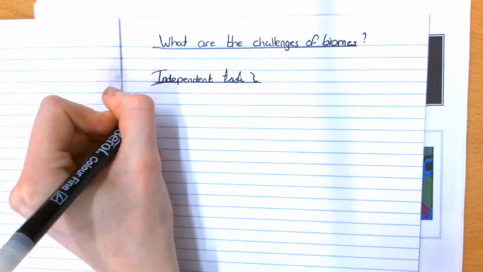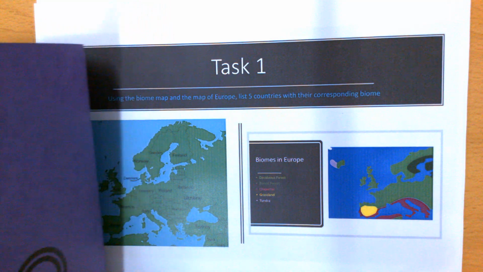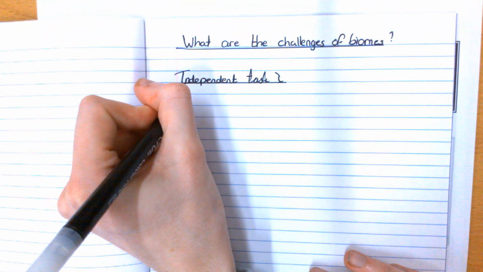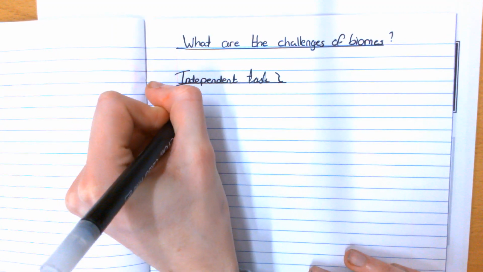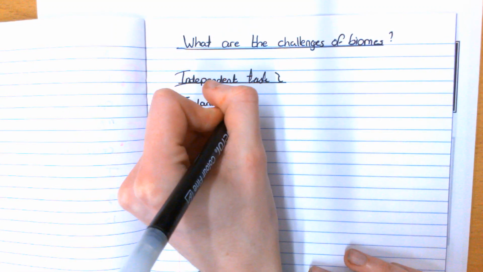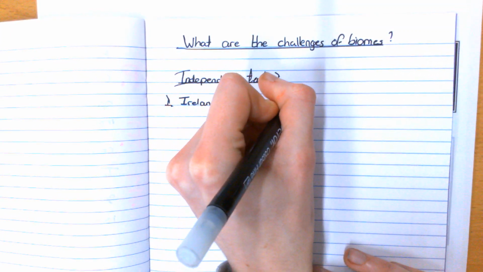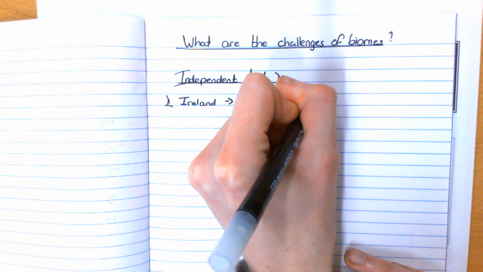I'm going to write number 1 here. I'm going to go to my map and I'm going to start with, right, because I'm Irish, I'm going to do Ireland as my first country. Ireland's biome is the deciduous forest biome.